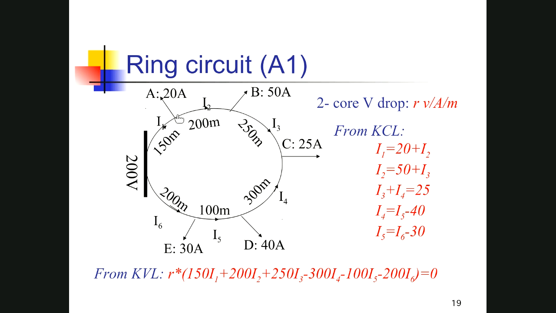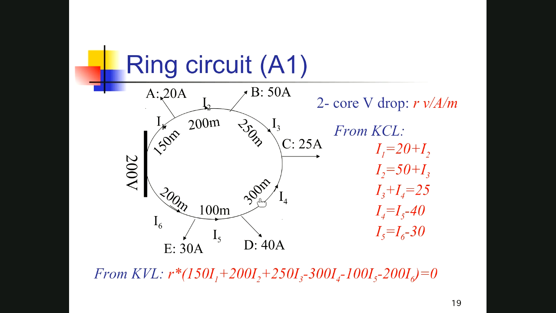This two-core cable, 150 meters away, we have load A, which draws 20 amperes. Another 200 meters away, we have load B, which draws 50 amperes. Another 250 meters away, we have load C, which draws 25 amperes.